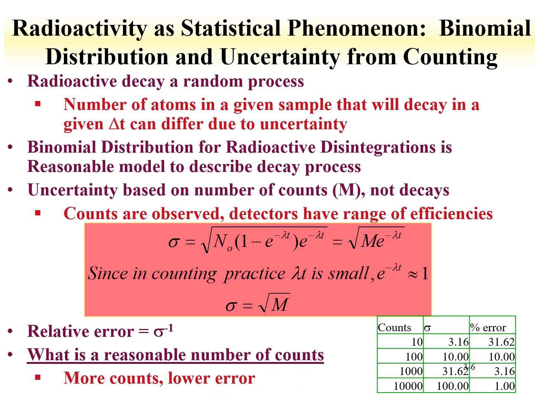An example is shown here where you have the counts, the uncertainty, and the percent error. You can see a collection of 10 total counts would have an uncertainty of 3.6, so you'd have 10 plus or minus 3.6 counts that you'd expect to have within a given sample, and the error is 31%.